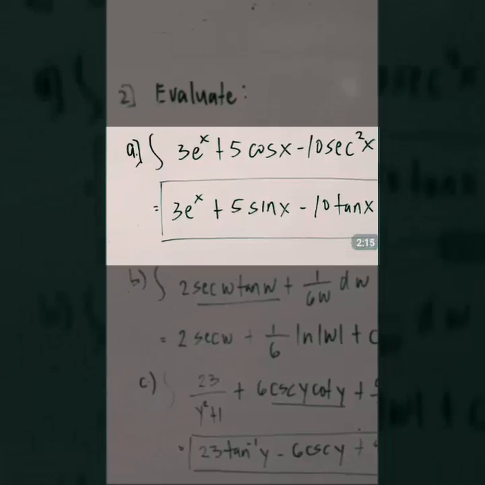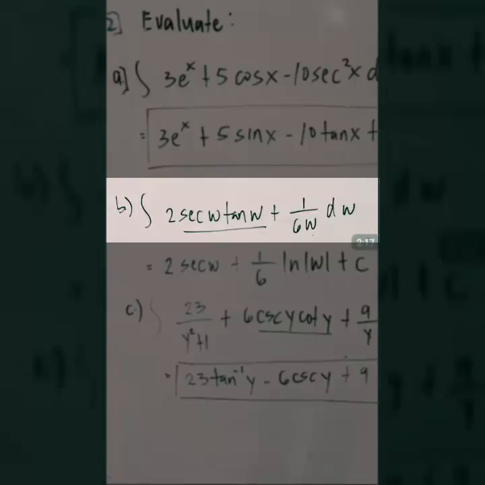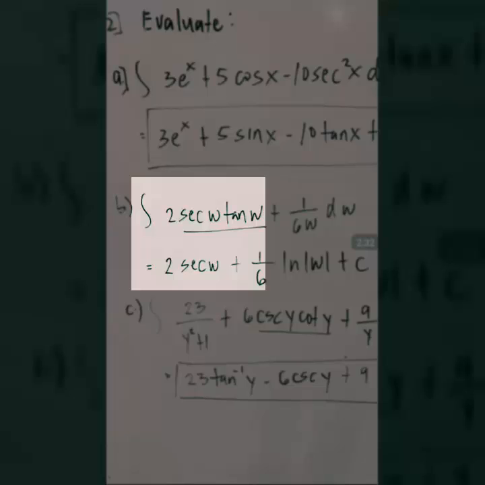Okay? For letter B, ang involved naman dito na function is secant at tangent. We need to find the integral of 2 secant w tangent w plus 1 over 6w. From the formulas, yung integral ng secant w tangent w is secant w.